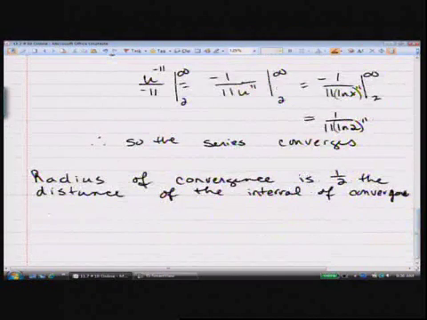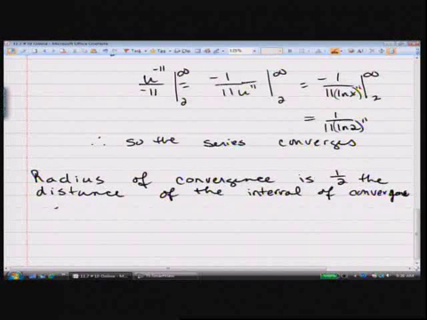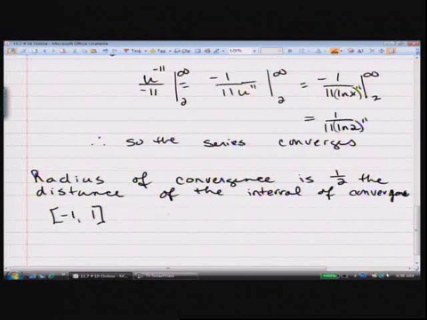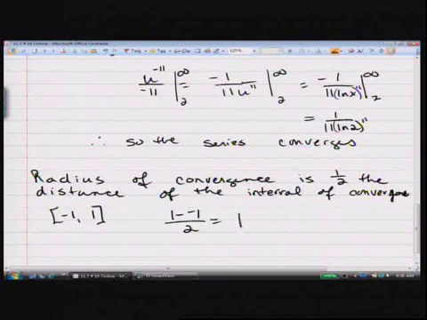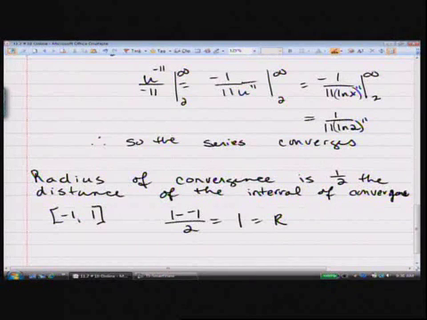The interval is from negative 1 to 1, so the distance is 1 minus negative 1, which is 2, and then you take half of it. So that's 1, which is the radius of convergence. And then it asks for what values of x does it converge absolutely.